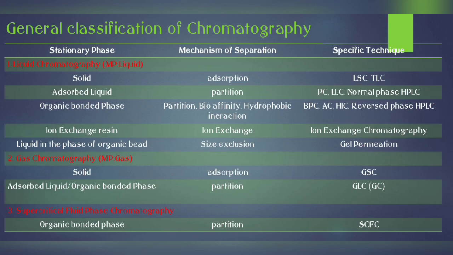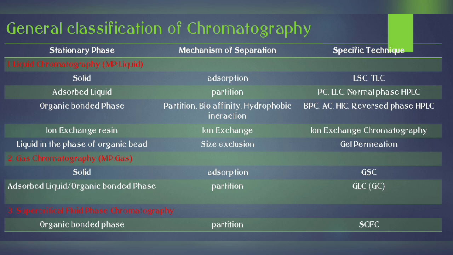Then these are the mechanisms of different types of chromatography, and the mechanisms used in specific techniques of chromatography are explained in this tabular column. In the first classification, they are using a liquid mobile phase. For the stationary phase, there are different formats used, like solid, adsorbed liquid, organic bonded phase, ion exchange resin, and liquid in an organic phase. Different mechanisms are used for separation of compounds.